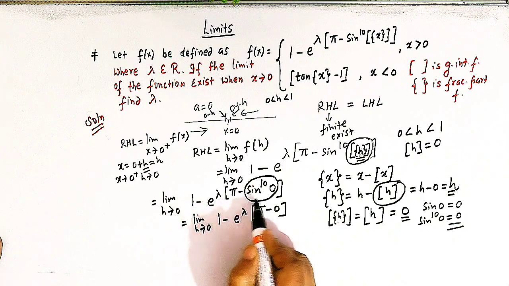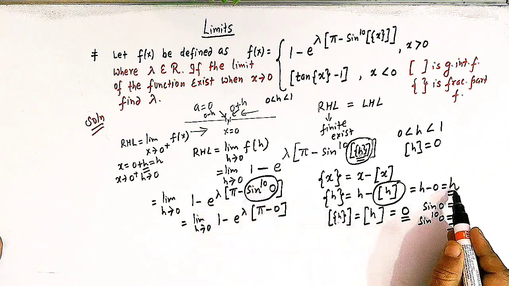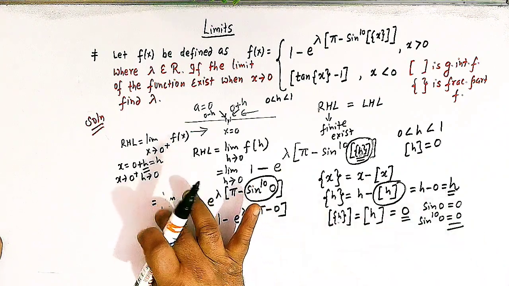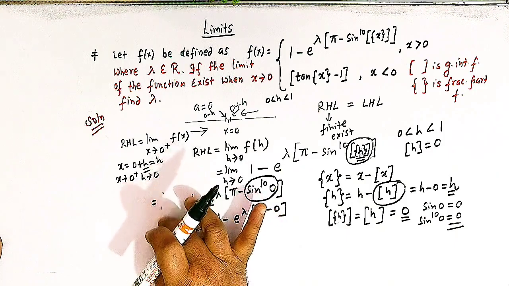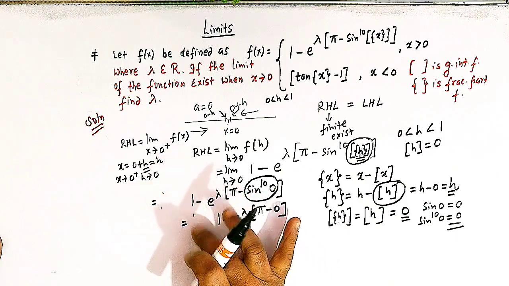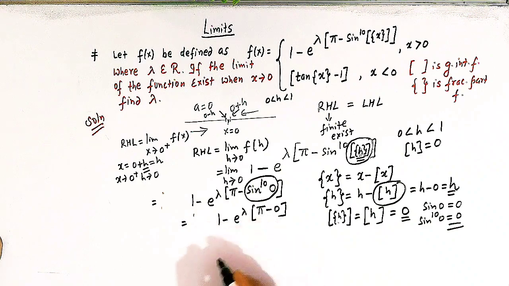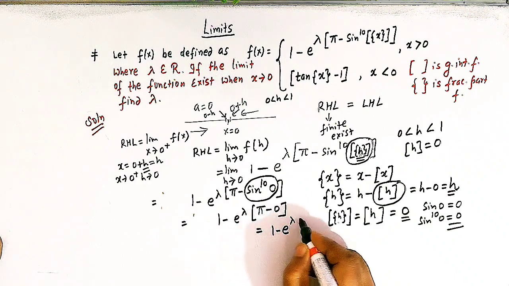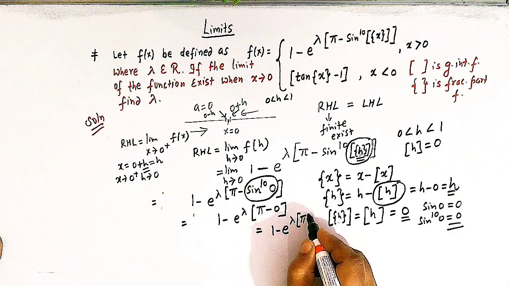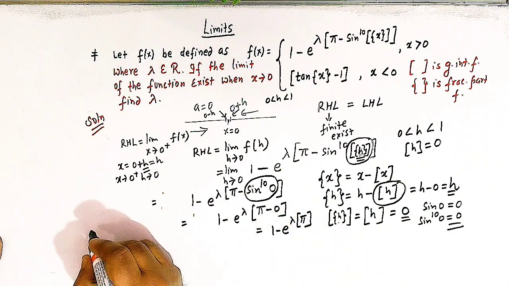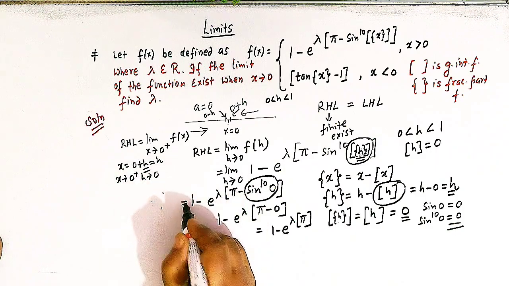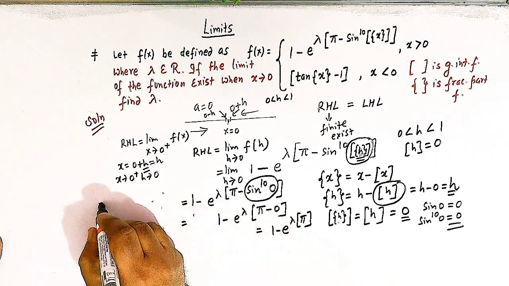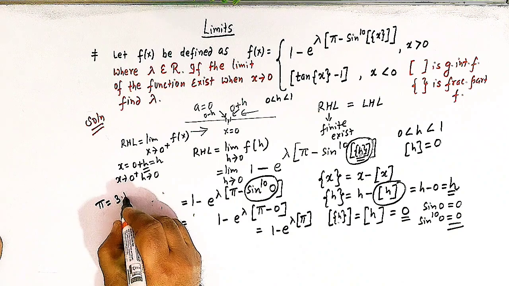Now see, this expression is independent of h, so we can remove the limit symbol. So now we have only this expression: 1 minus e raised to lambda times greatest integer of pi, and we know that the approximate value of pi is 3.14.